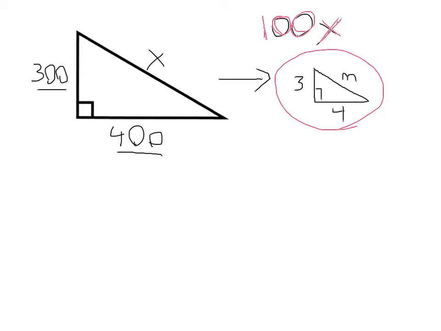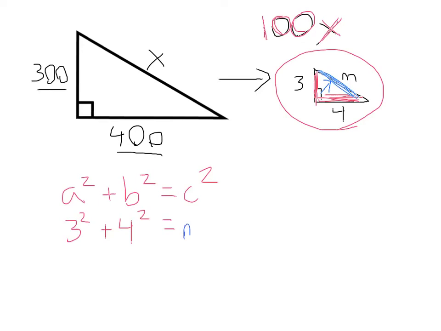So we're going to use our Pythagorean theorem. We're going to use our first leg A, our second leg B, and so we're going to get a squared plus b squared equals c squared, and our a and our b are going to be 3 squared plus 4 squared equals, and our hypotenuse across from the right angle, our longest side, is m, so equals m squared.